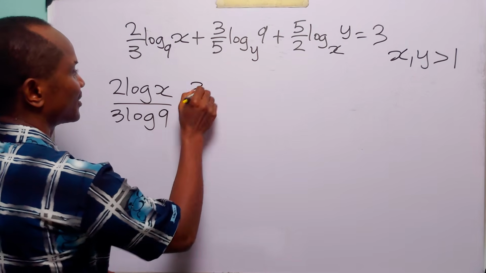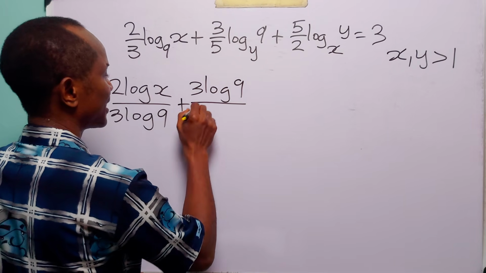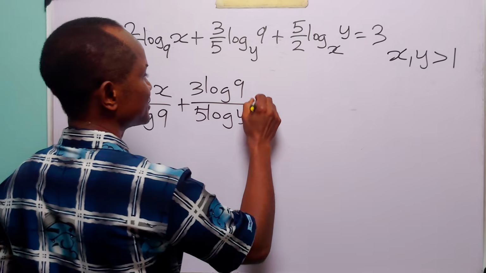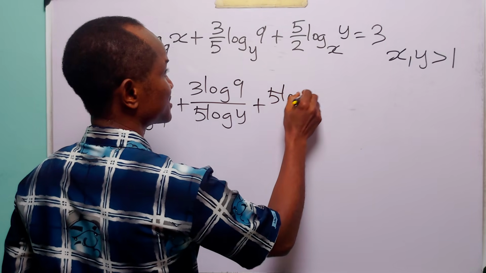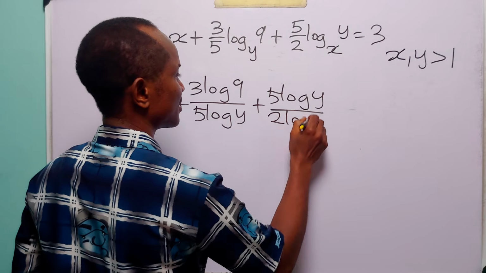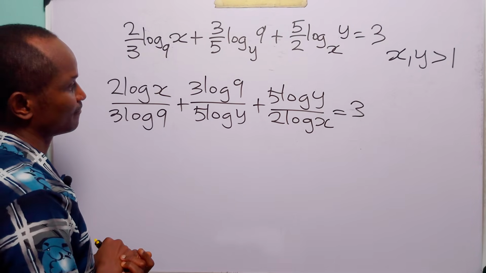In this case, we have 3 times log 9 divided by 5 times log y. And in this case, we have 5 times log y divided by 2 times log x. And of course, this is still equal to 3.